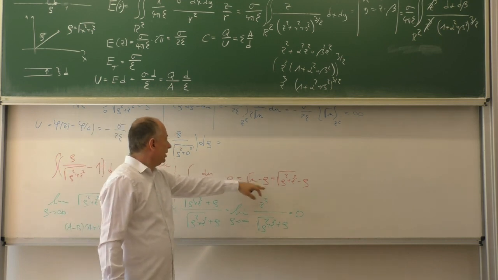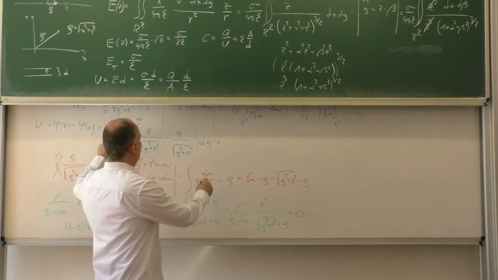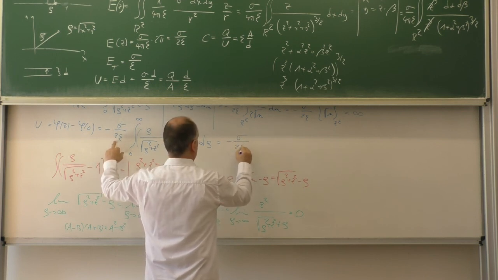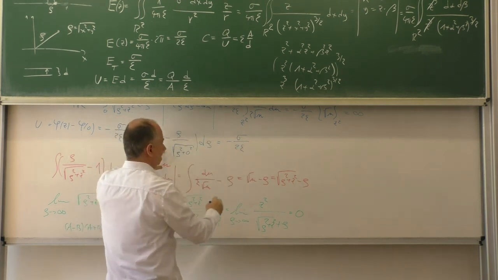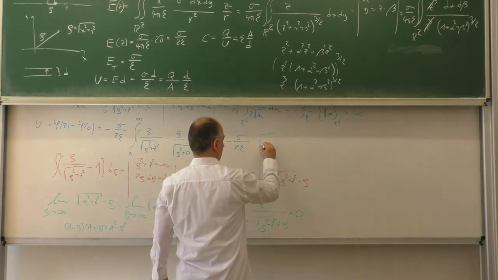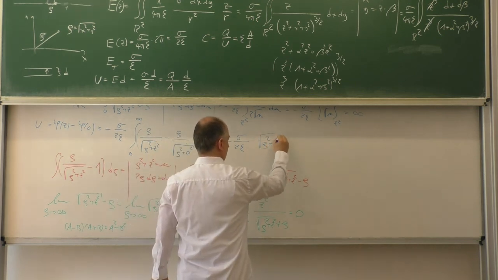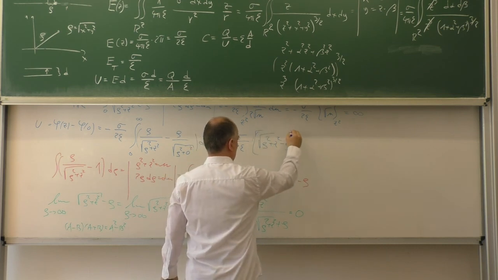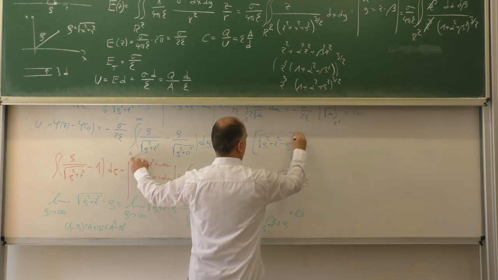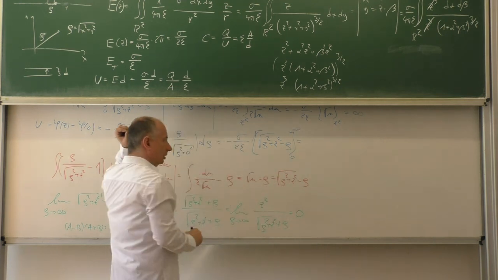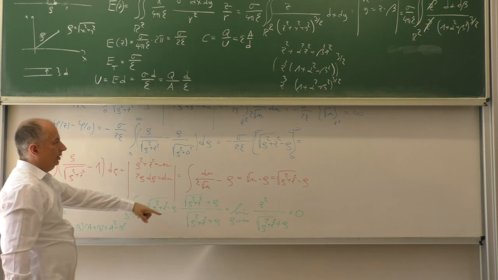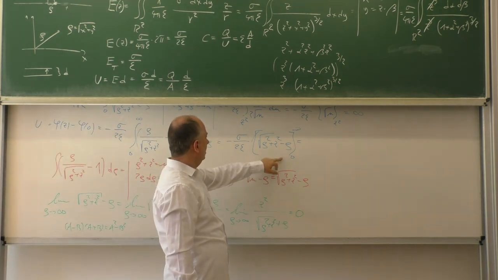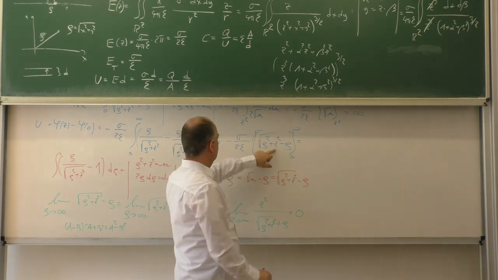So this is the antiderivative of this bracket. So we have minus sigma divided by 2 epsilon, and the antiderivative is square root of rho square plus z square minus rho from 0 to infinity. At infinity it is 0, and at 0 it is z.